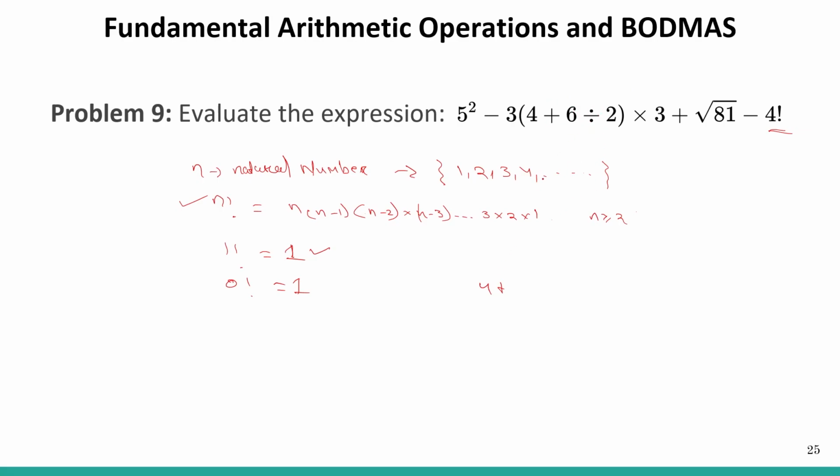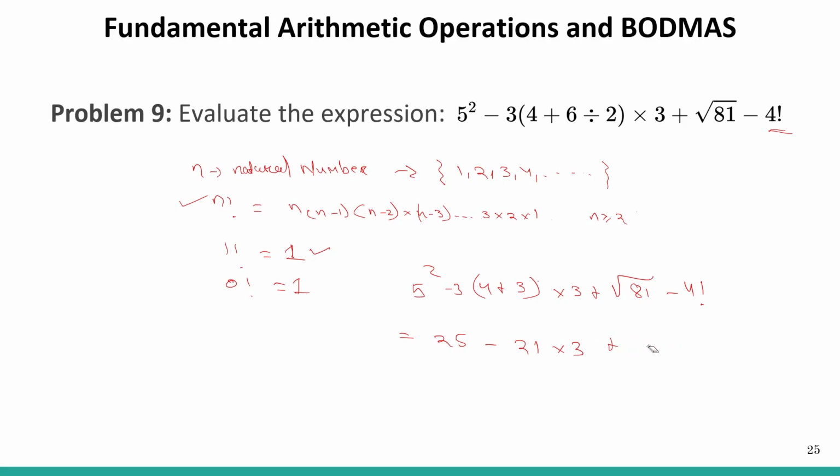So we'll do the division. 6 by 2 is equal to 3 and then we do the addition. 4 plus 3 into 3, and 5 square into 3 plus square root of 81 minus 4 factorial. So this is equal to 25 minus 3 into 7 is equal to 21 into 3, plus square root of 81.